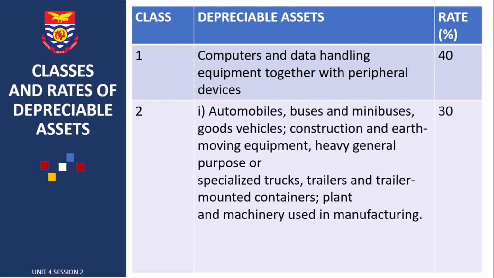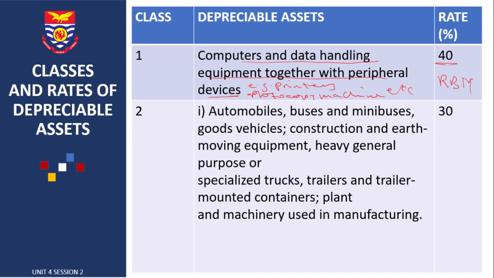For class 1, we have computers and data handling equipment together with peripheral devices. So we can have printers, photocopy machine, etc. And the rate is 40% reducing balance method.